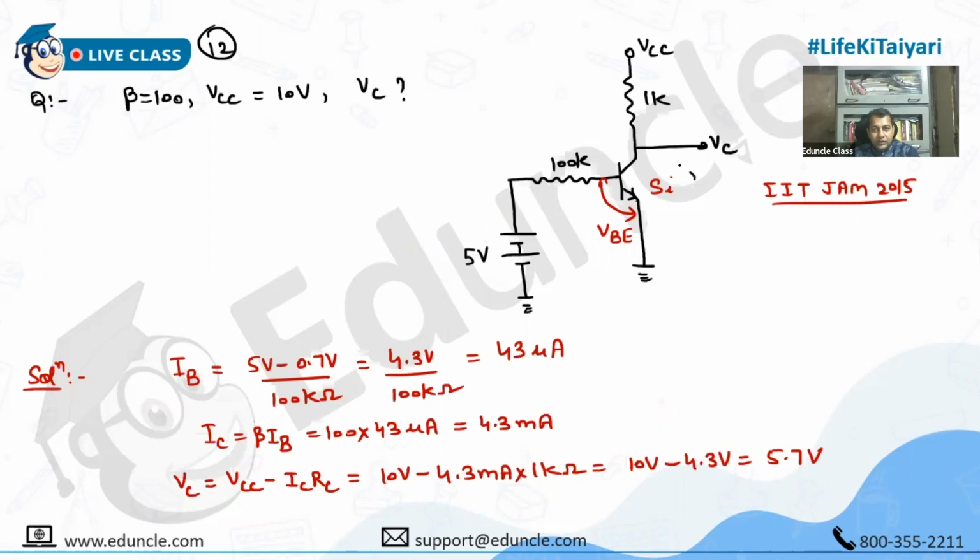So you need this information actually. If it is not given, if you take it to be 0, then the answer will be around 5 volt. So they should provide this information. Actually, it was not given, but the answer comes when we consider this to be made of silicon.